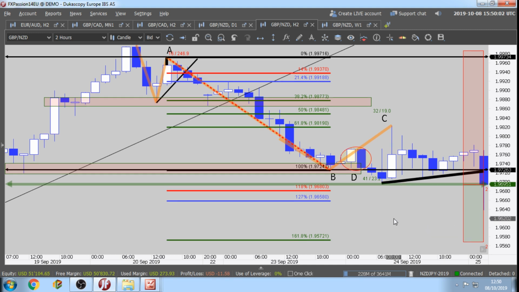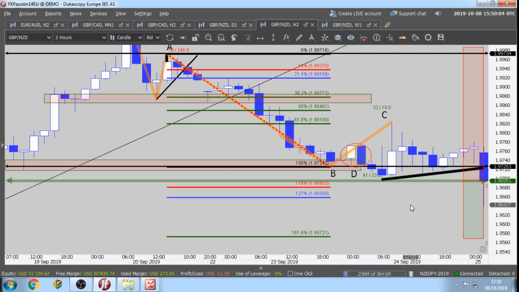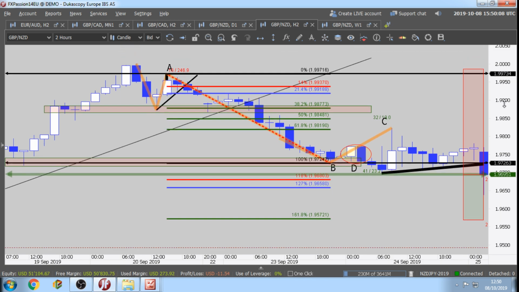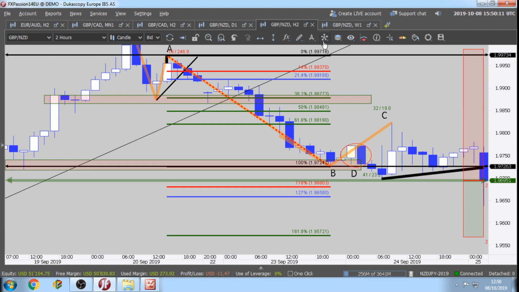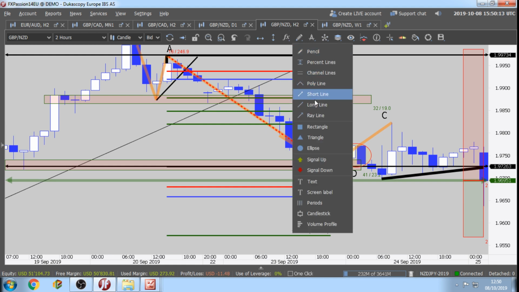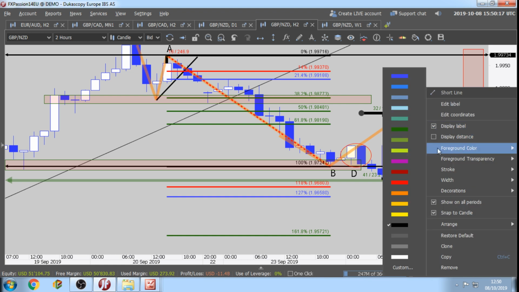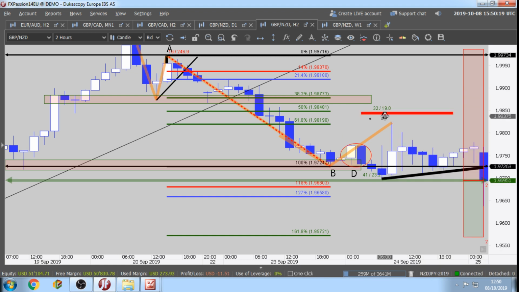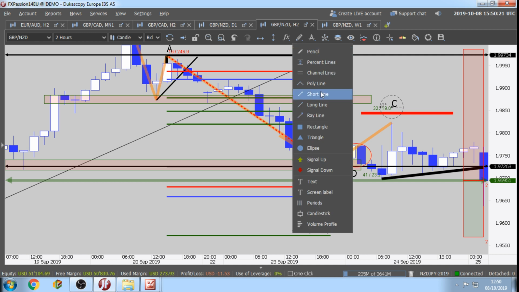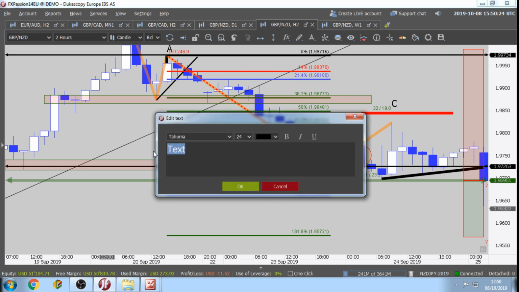Okay, everybody, now one more thing. Can we enter the market and put our stop loss above the C? The answer is yes and no. Okay? I'm going to put the stop loss above the C because of the risk reward, above the C. And this is a rule, everybody. Let's write this down.